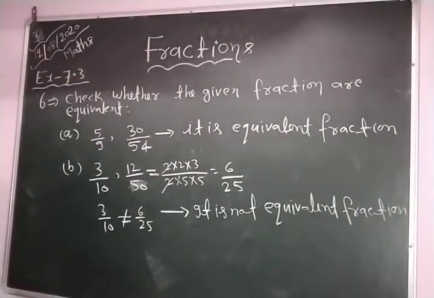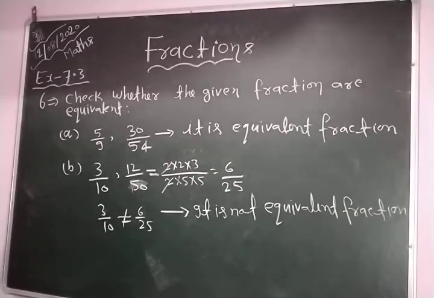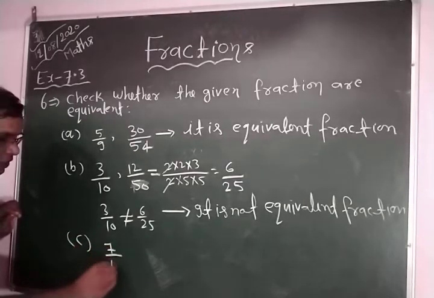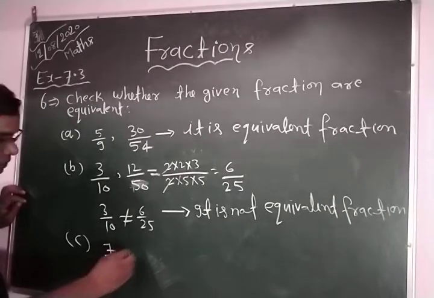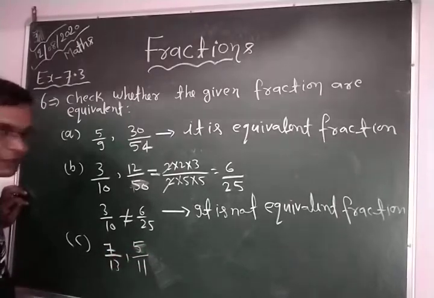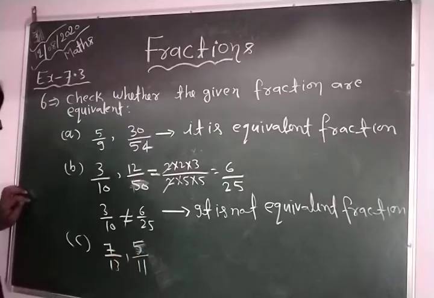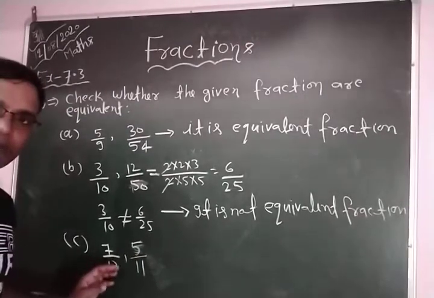Now in C part of question 6 we have 7 by 13 and 5 by 11. So you can see here, 7 by 13 and 5 by 11 both are unequal.